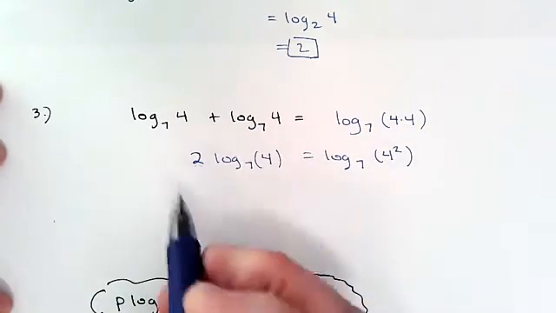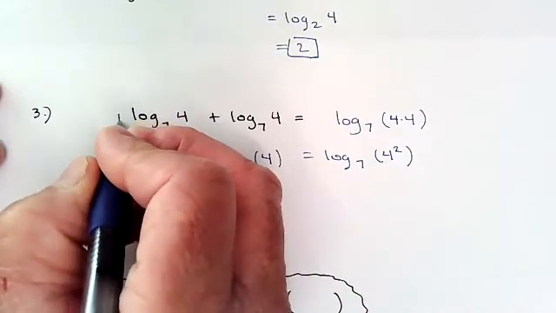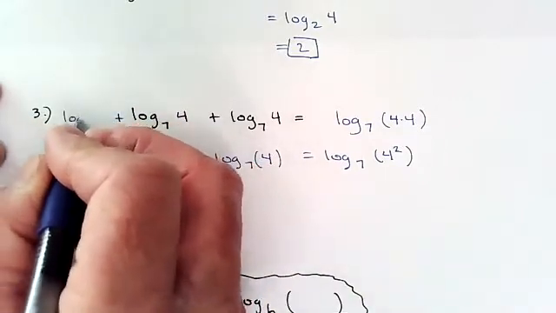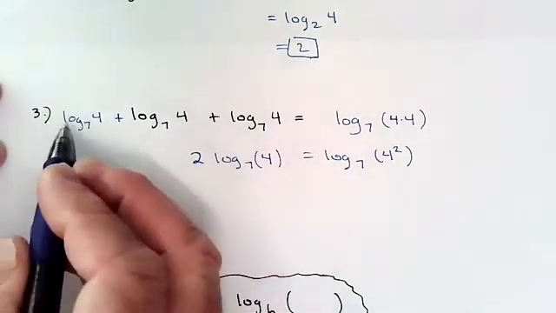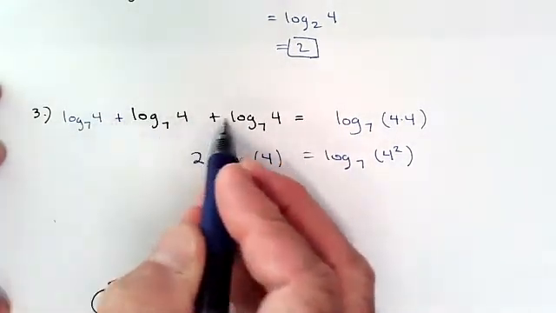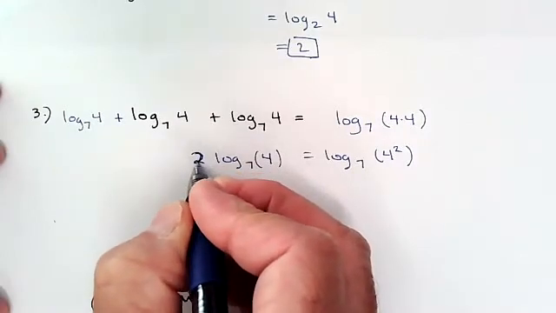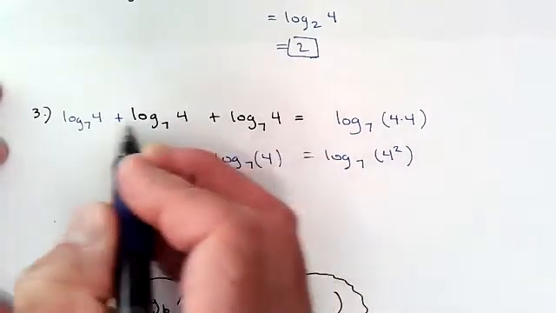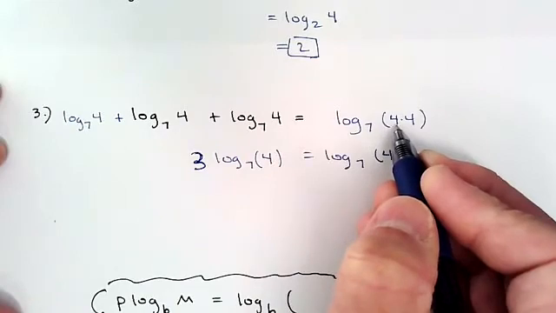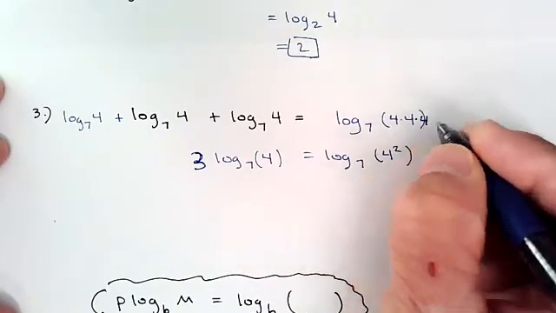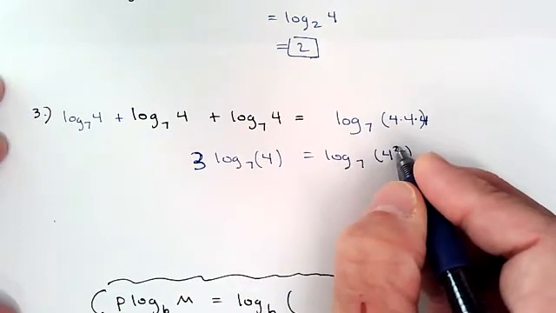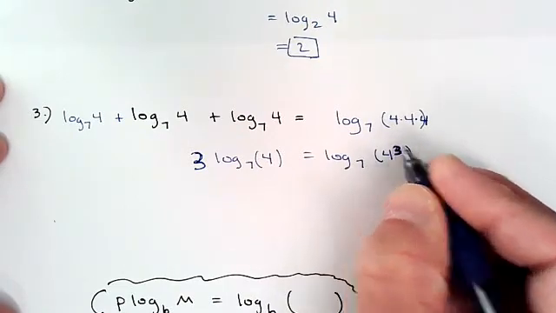And you'll see it's not just 2. I left some room here. What if I added another log base 7 of 4 to the left side? What would change here? Well, now I would have 3 log base 7s of 4. And if I used the first property we talked about, I would have another 4 here, and this would be the log base 7 of 4 cubed now.